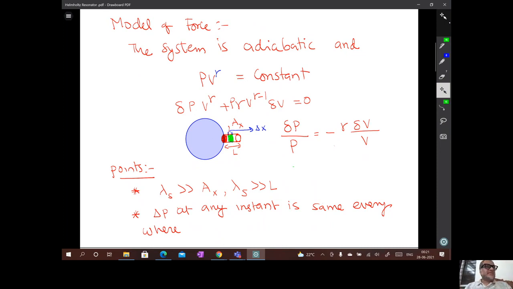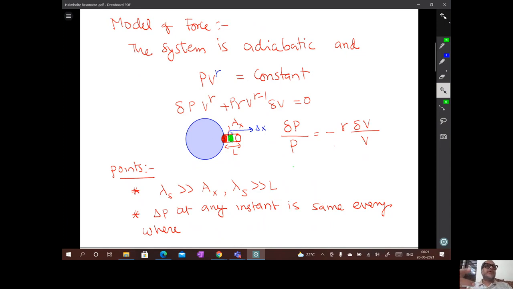This process takes place so fast that the system will not get any time to exchange heat energy from the system to the surrounding. So this happens so rapidly, and the system cannot exchange heat with the surrounding.